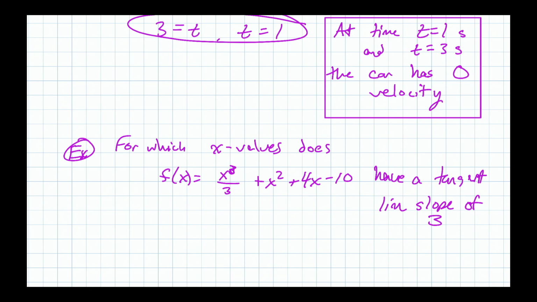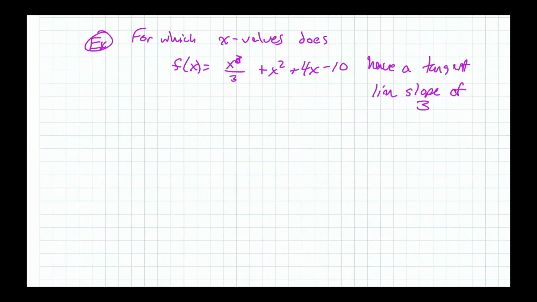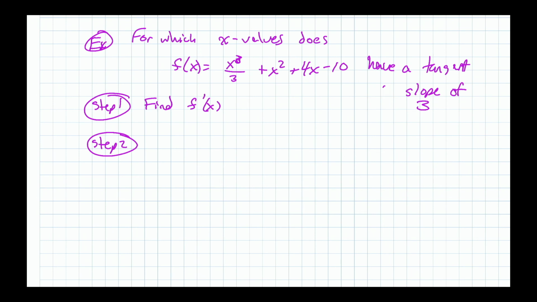All right, so this is just like the horizontal tangent line. The steps are going to be basically identical except for one. Step 1 is going to be find f prime. We need the derivative. Step 2 is, well, the derivative is the slope of the tangent line, and we want the tangent line to have a slope of 3.